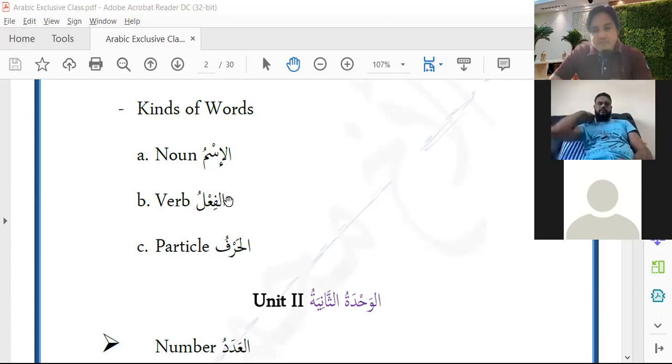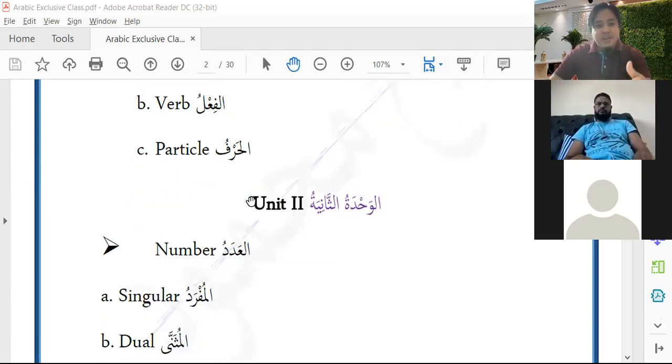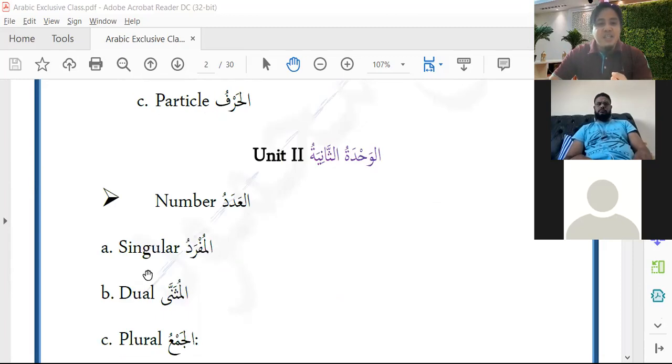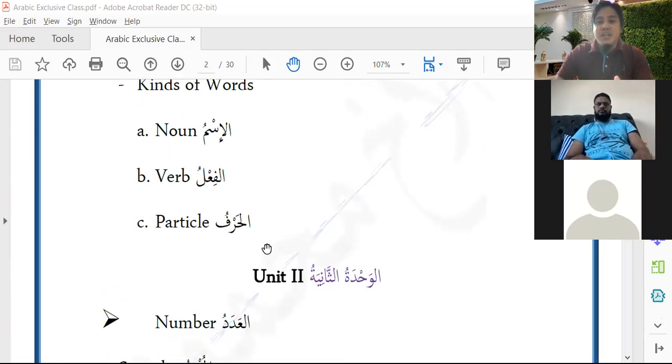Okay, so now these words are in singular form. As you see in unit 2, we have the numbers, because we have singular, dual, and plural in Arabic, unlike English, where we only have singular and plural.